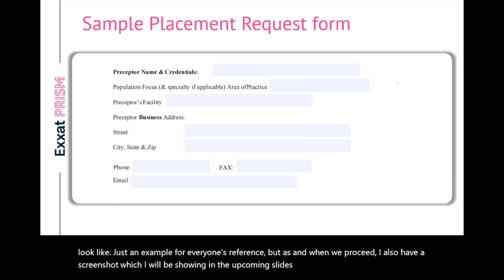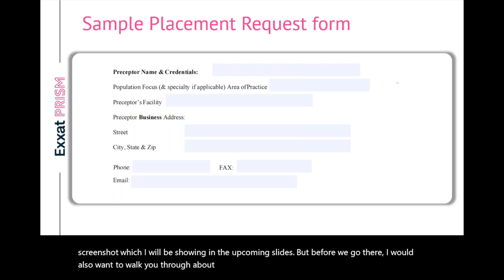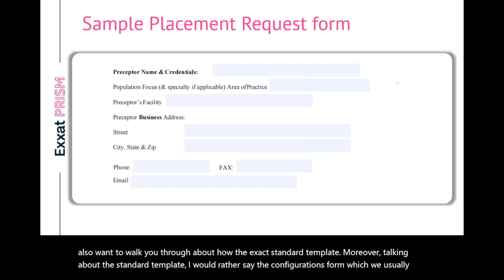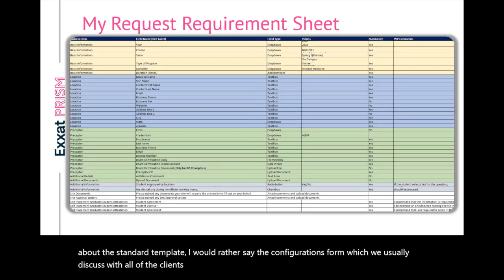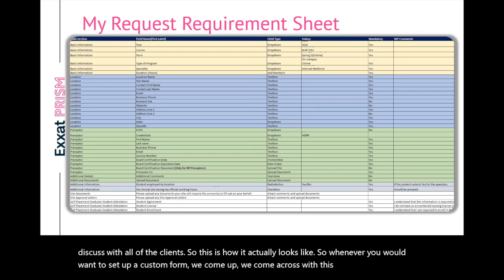But before we go there, I would also want to walk you through the standard template. Rather, I would say the configurations form, which we usually discuss with all of the clients. So this is how it actually looks. Whenever you want to set up a custom form, we use this particular Excel template, where we seek all the information from you.